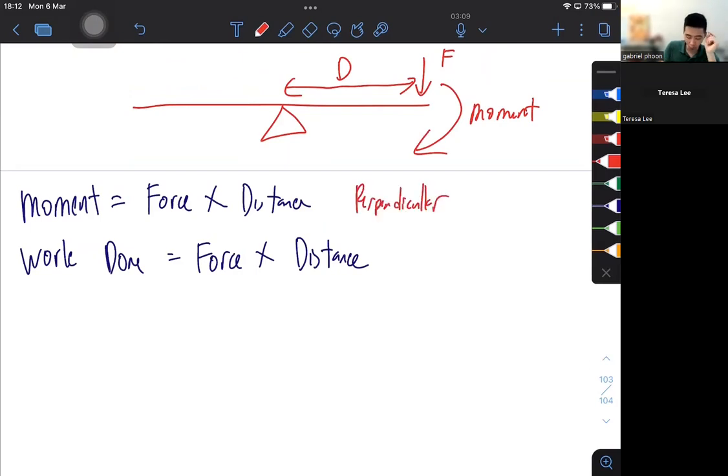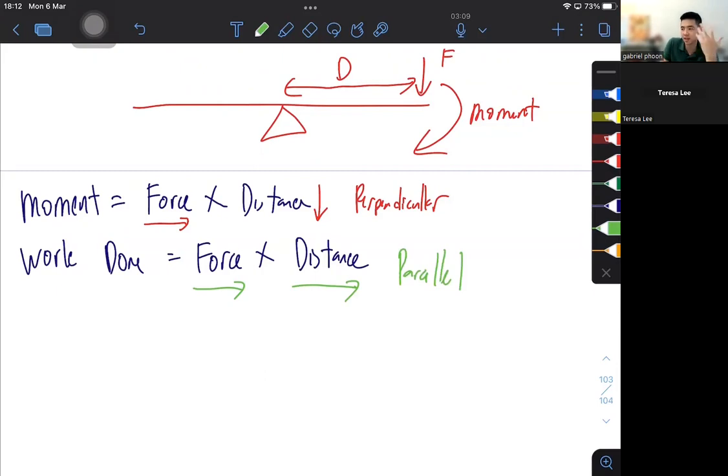Key thing here is for moments, you must understand that it is force times perpendicular distance to the pivot. But for work done, the only difference is that the force and distance must be parallel to each other.